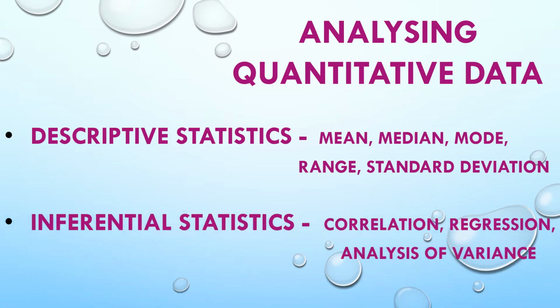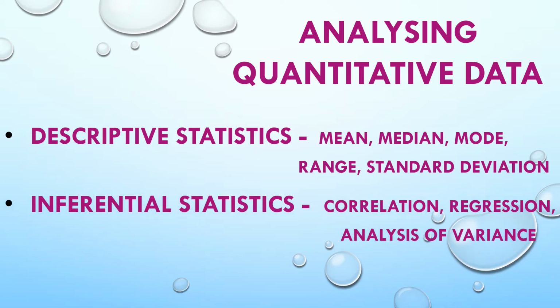Another is inferential statistics. You can make predictions or generalizations based on your data using inferential statistics. The hypothesis is tested, or the data is used to estimate the population parameter.